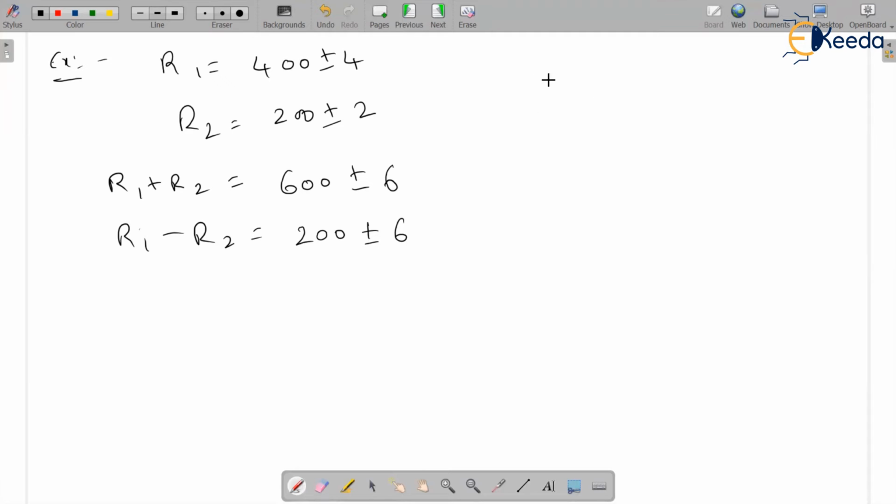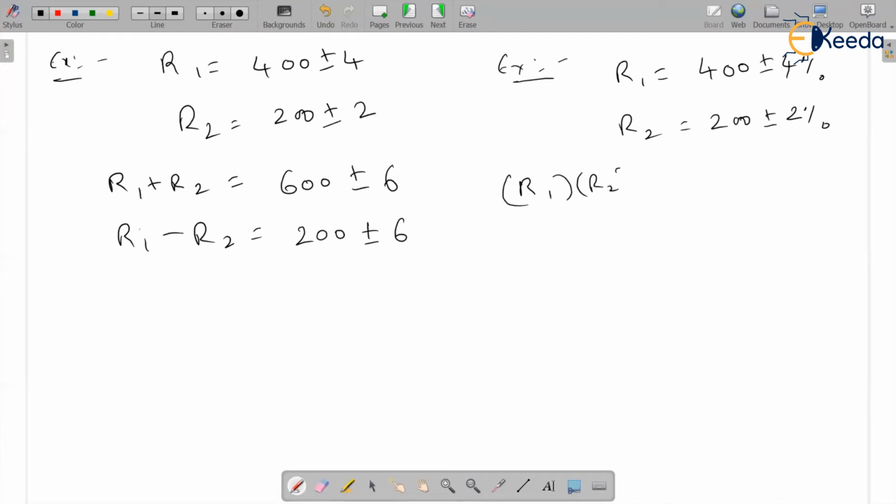Okay now. Then next example, R1 is equal to 400 plus or minus 4 percentage, and R2 is equal to 200 plus or minus 2 percentage. Therefore R1 R2 is equal to 80000 plus or minus, irrespective of operation we should add now.